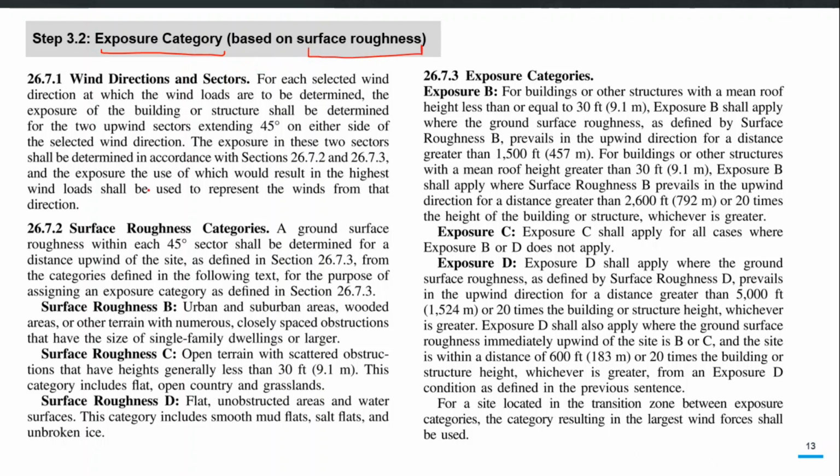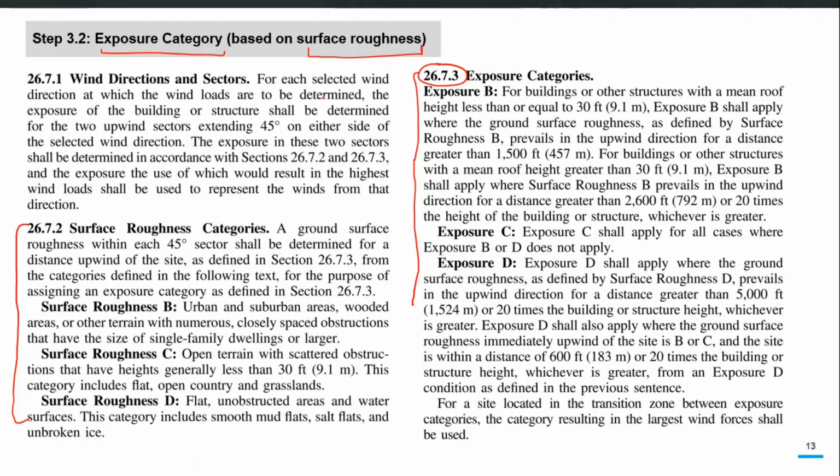First we will categorize the surface roughness based on this particular provision, and then using the building height and the surface roughness, we will determine the exposure category of our building using 26.7.3. So first let's discuss how to classify surface roughness as category B, C or D. There are 3 surface roughness categories.